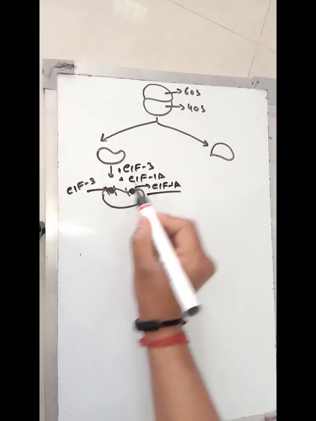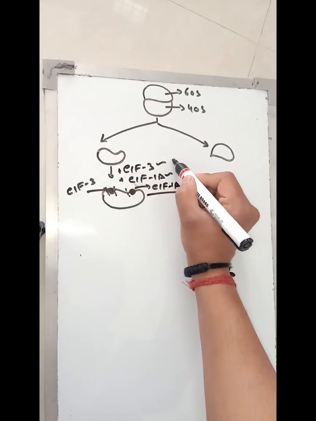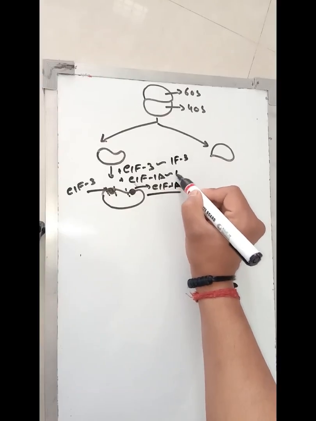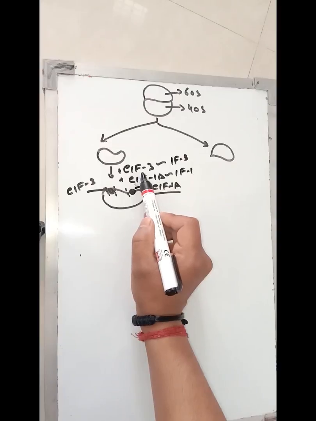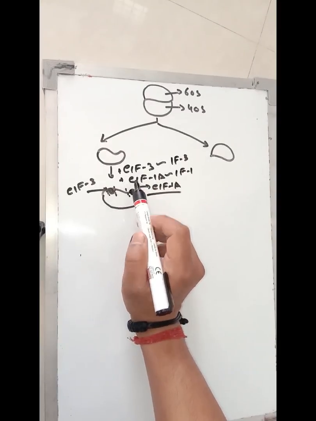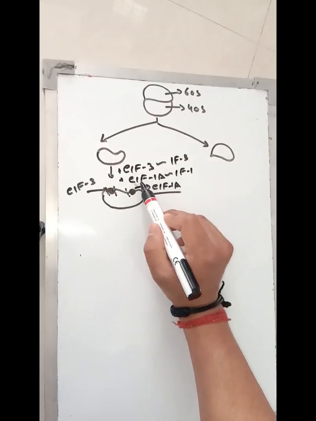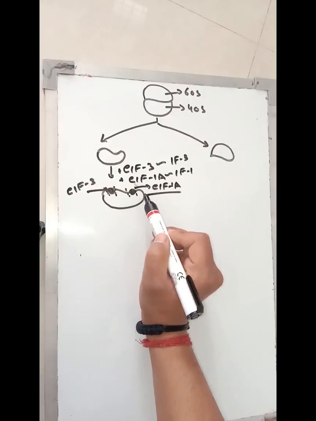These are analogous to prokaryotic initiation factors IF3 and IF1. As we know, IF3 binds to the small subunit and prevents its reassociation with the large subunit, whereas EIF1A binds to the site that will become the A site.